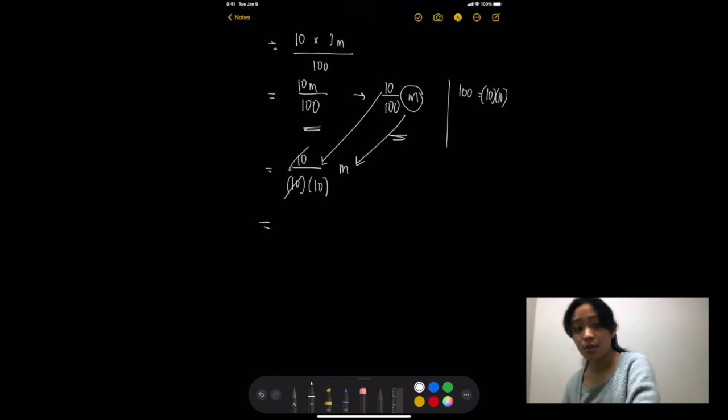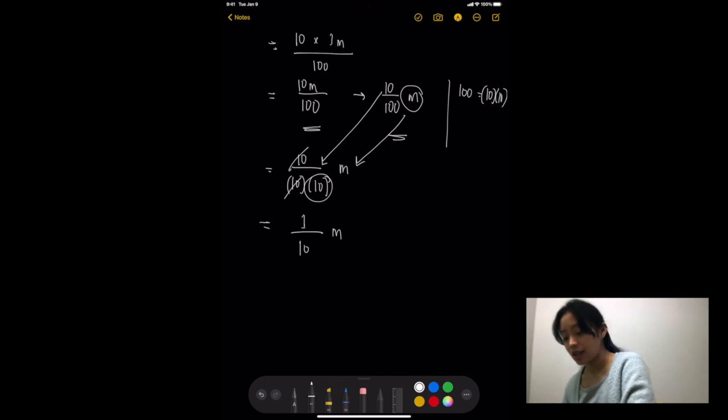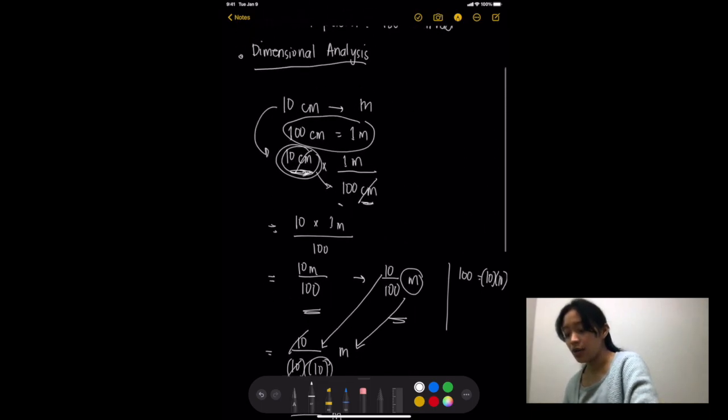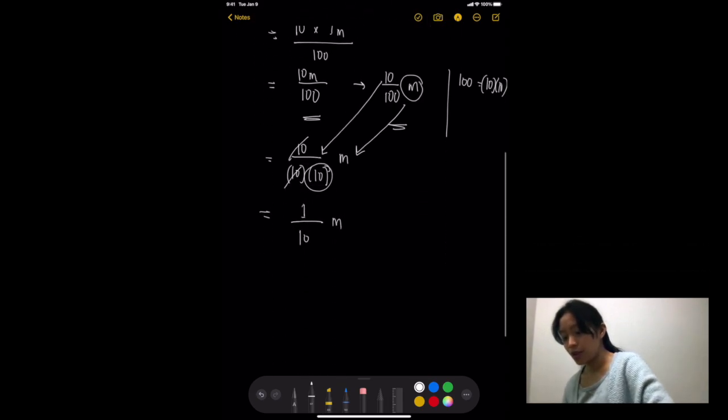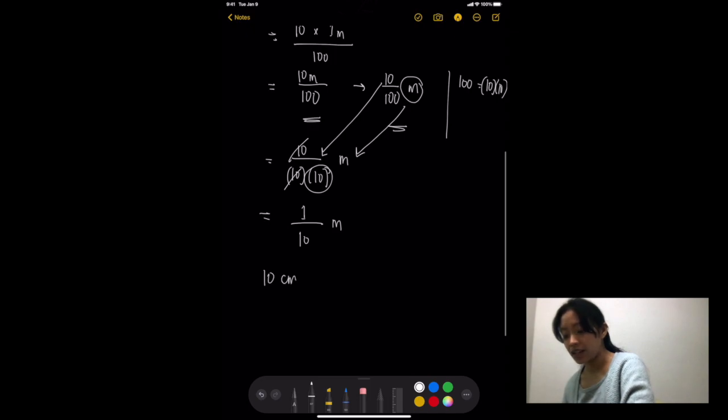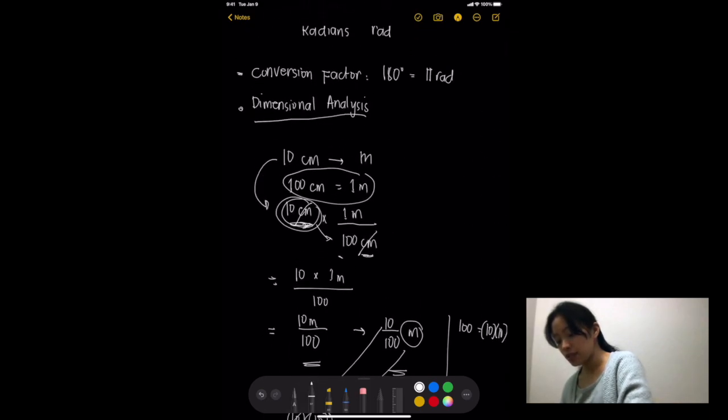I'm seeing similar numbers both in the numerator and denominator, so I can cancel them out. I would be left with 10 over 10, any number divided by itself is just 1. So I'm going to write 1 in the numerator, and then what's left in the denominator is 10. So my answer here would be 1/10 meter. Going back to the first line, now we know that 10 centimeters equals 1/10 meter.